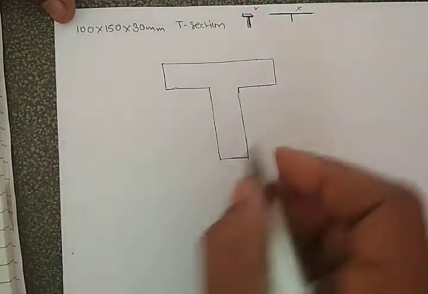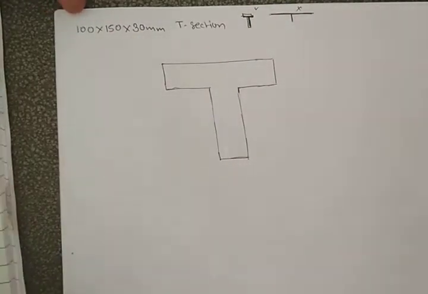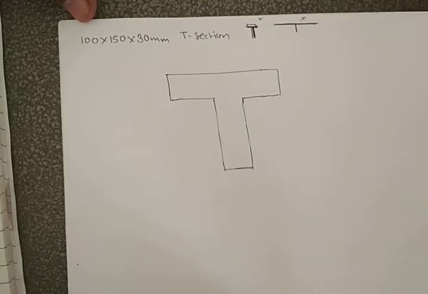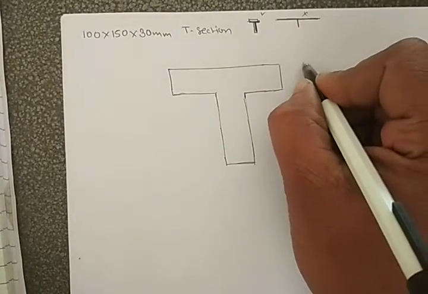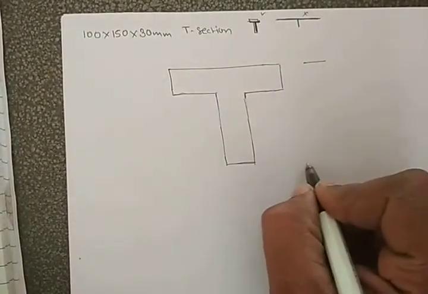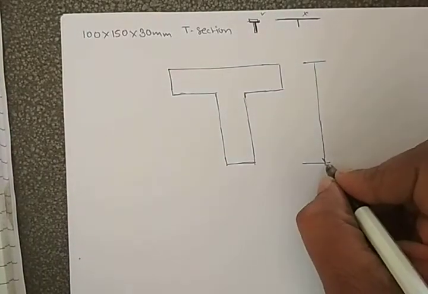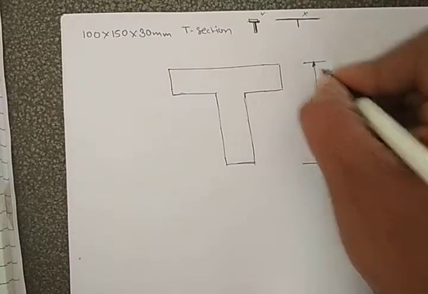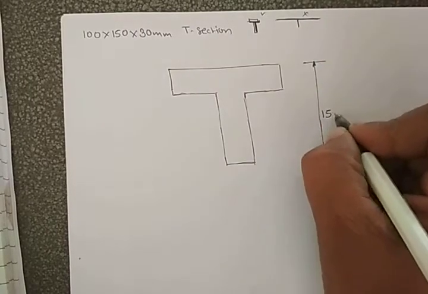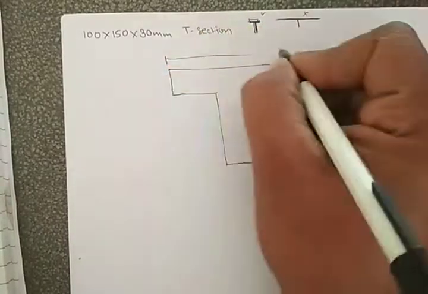Okay. Now dimensions. We have to write the dimensions very carefully, because once we write them wrong, the whole answer will go wrong. Check this. This is 150 and this is 100.